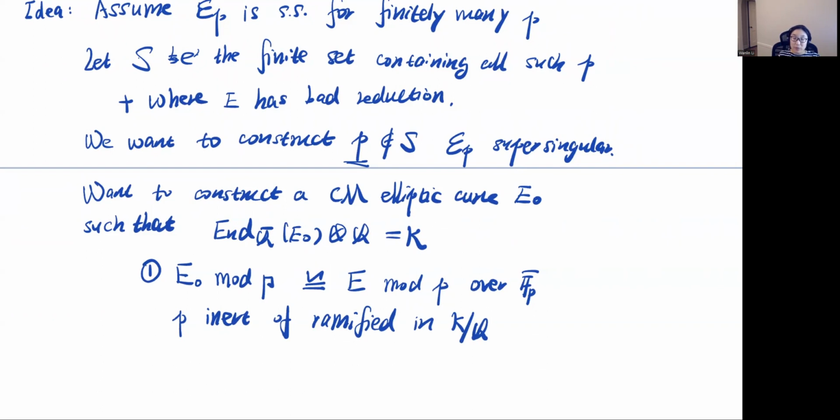There are infinitely many primes that are inert in K over Q, right? So all we want to show is that E naught reduces at one of those primes.